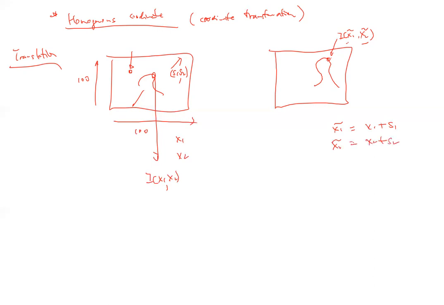So if I have a translation, the new image, let's call it I tilde, I tilde(x1, x2), is just equal to I(x1 plus s1, x2 plus s2). Something like that.